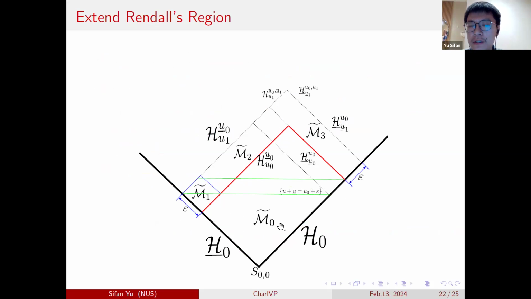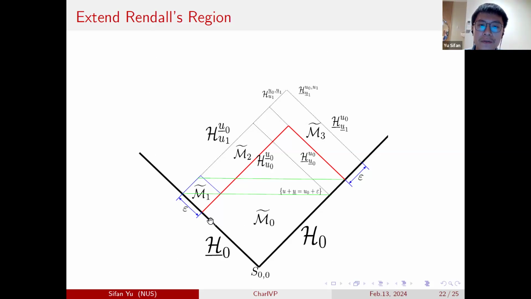Assume M0 is the maximum region you have for your well-posedness in Rendall's theorem, and assume you have every a priori estimate in the region, at least the drawing here.